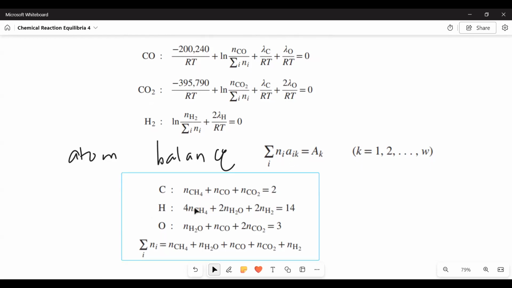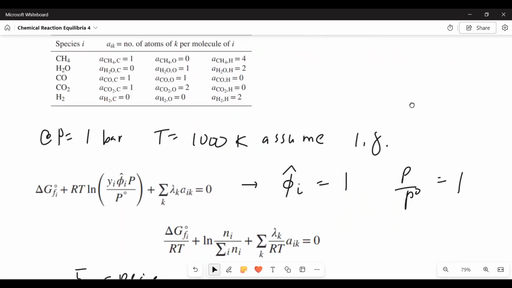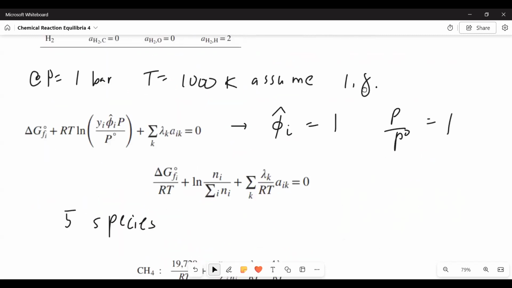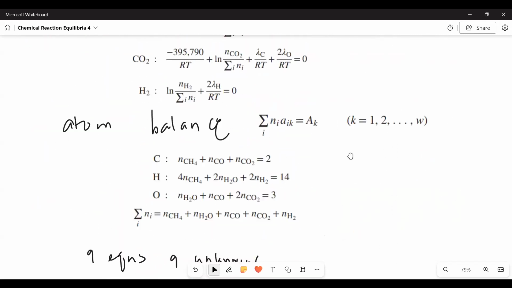So for example, for methane, the coefficient for hydrogen is 4, and this is derived from the table earlier. For water, the coefficient is 2, and for hydrogen, it's 2. And it's equal to 14 because it is the A sub k that we evaluated earlier, the number of moles of hydrogen initially in the system.